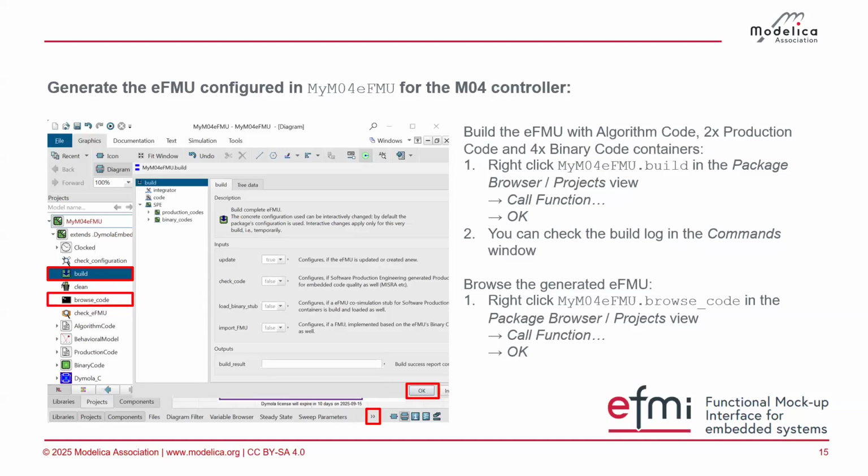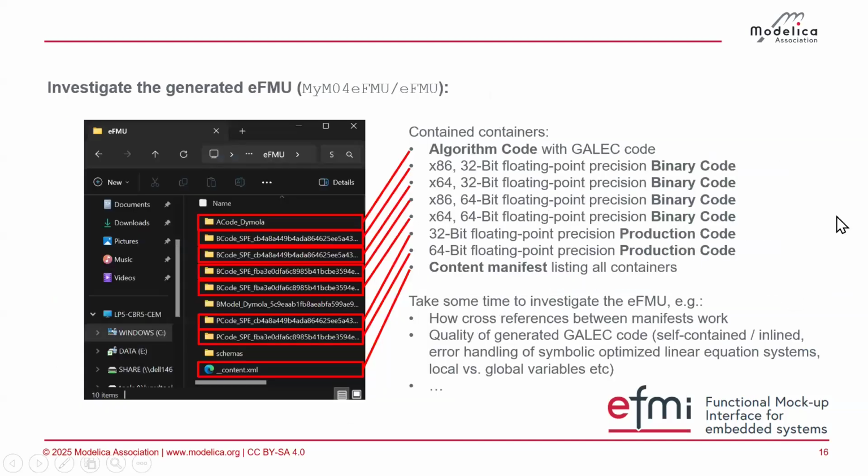You don't have to search where this eFMU is generated. You can call this browse code function, right-click, call function, and it will open in the Explorer the directory where the eFMU is. If you open what was generated, you should see all these things except this B model. It's a behavior model. We didn't generate it yet. And there's a lot of stuff. This is the algorithm code container. Then you have binary code containers for the different floating point precisions and different instruction sets.